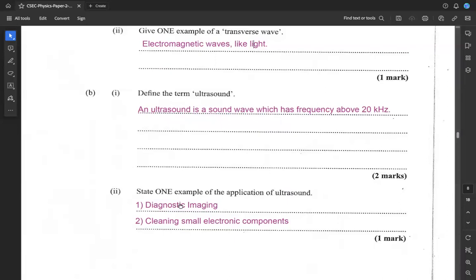So we can use diagnostic imaging, ultrasound in diagnostic imaging in that way. And we can also use it in the cleaning of small electronic components. So because the ultrasound is at that high frequency, what we'll have is that there's a lot of vibration, and we can remove dirt and any trapped particles from small electronic components, right?